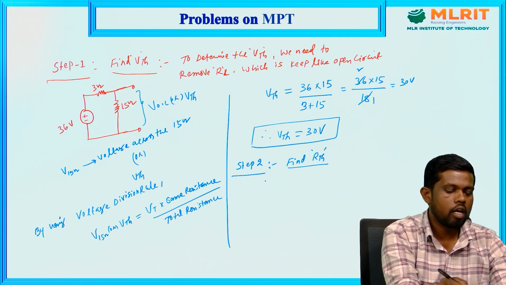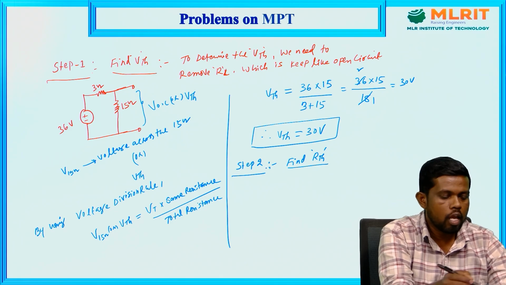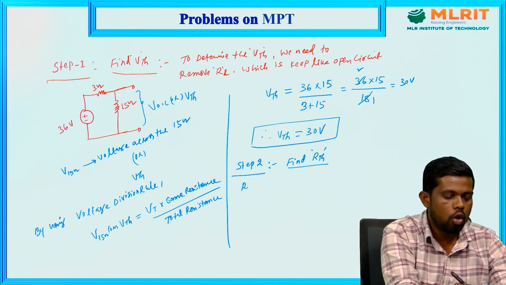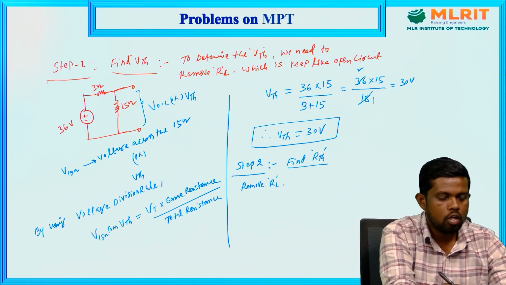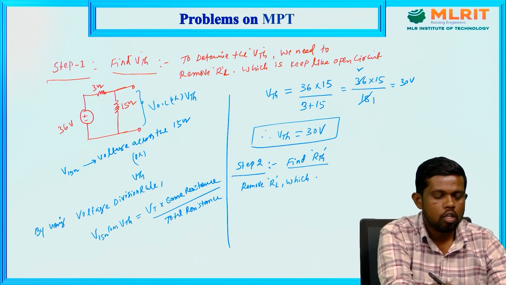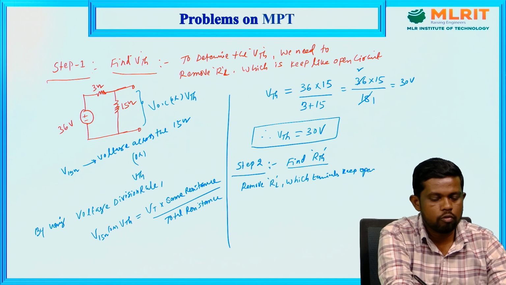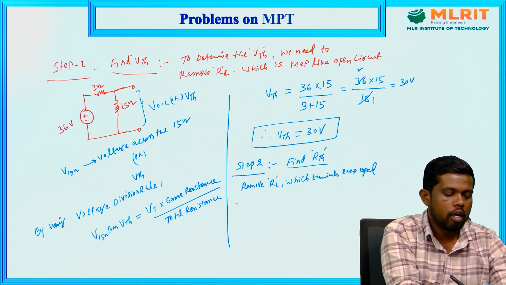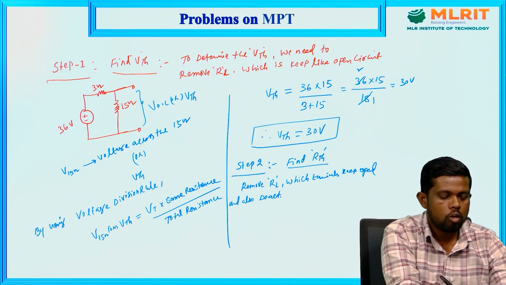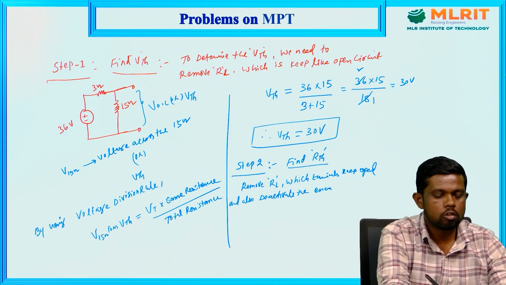So how can we find the RTH? For the above circuit, remove the load resistor RL, keep those terminals open, and also deactivate the energy sources.